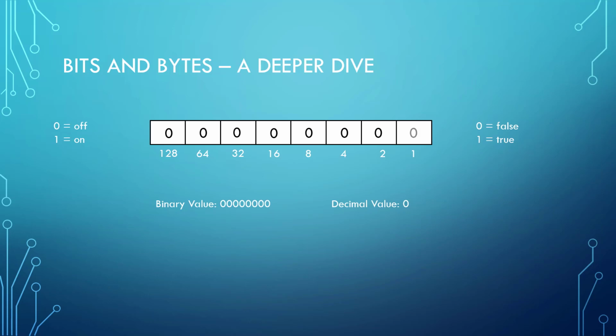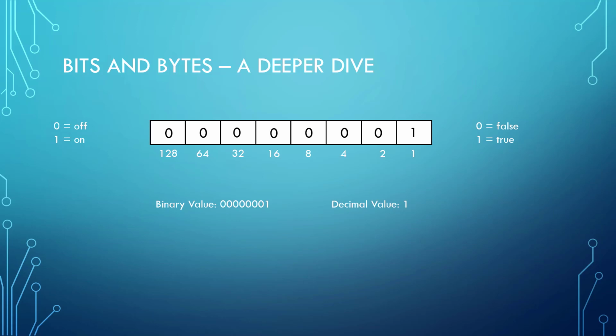Now if we make a change, let's turn the far right bit on, or set its binary value to true. What we've now told the computer is that since this far right bit is on, that far right bit has a decimal value of 1 associated with it.